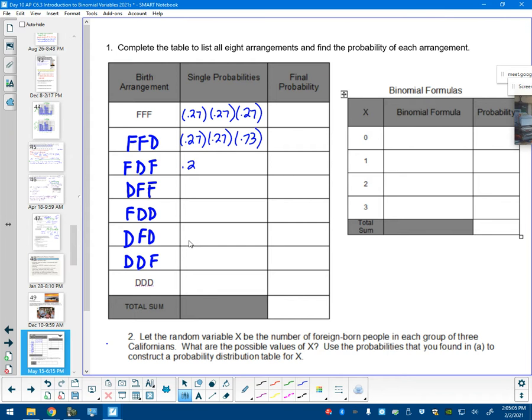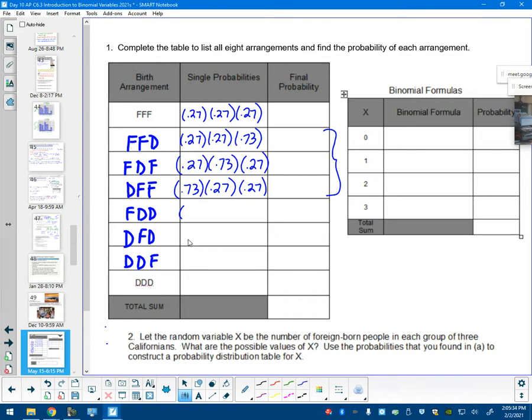And this one's going to be 0.27, and then the 0.73 moves to the middle, and then it ends with a 0.27. And here the 0.73 starts. All of those 3 have the same final probability, because of the commutative property of multiplication. So all of these 3 should have the same answer.